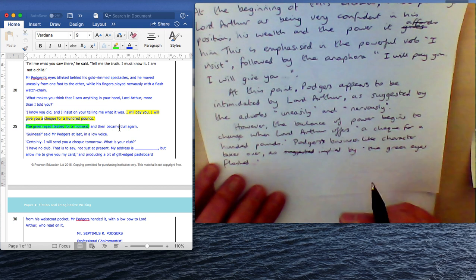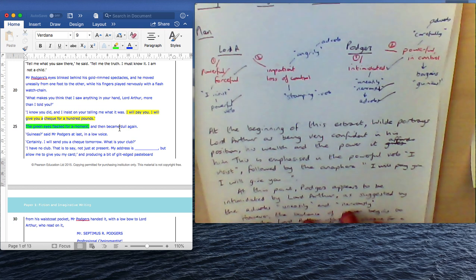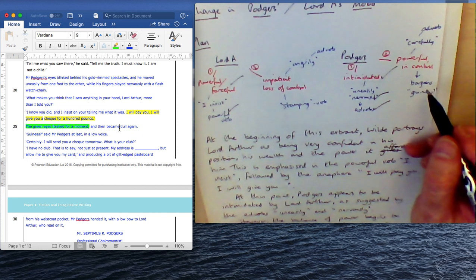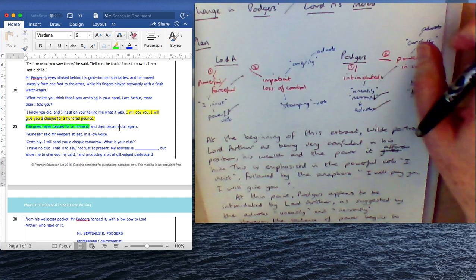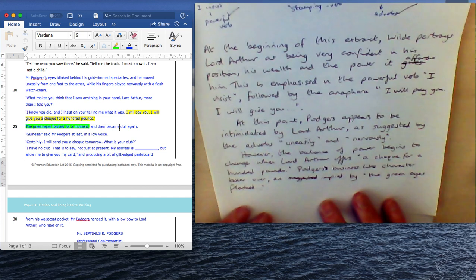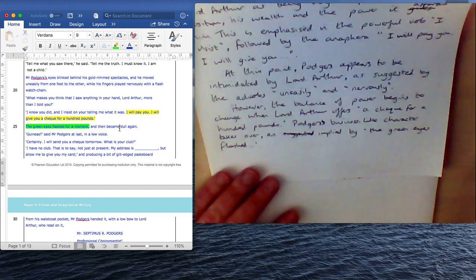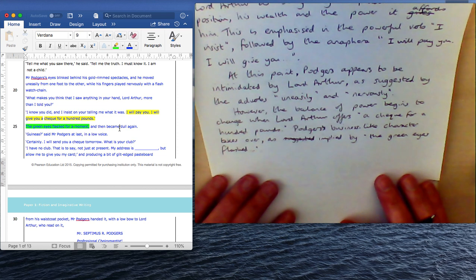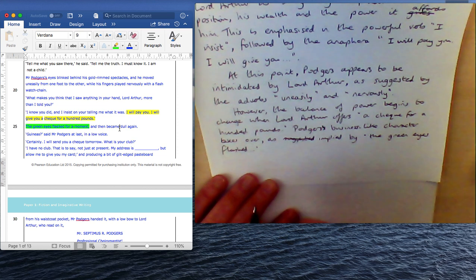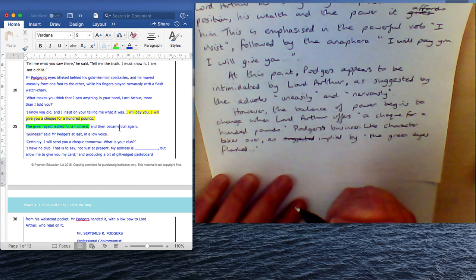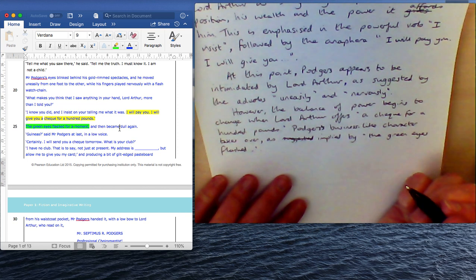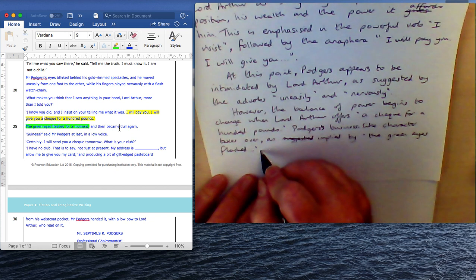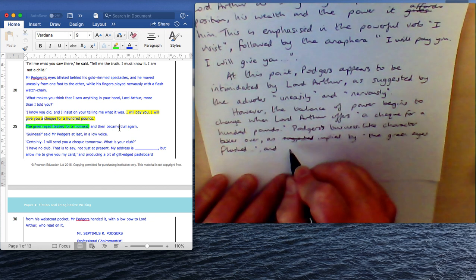But I also want to use my idea that he begins to bargain. So he begins to take control and he begins to bargain. So let's just double check that sentence. Podgers' businesslike character takes over as implied by the green eyes flashed, and this is confirmed. I'm just going to say, and he begins to bargain.